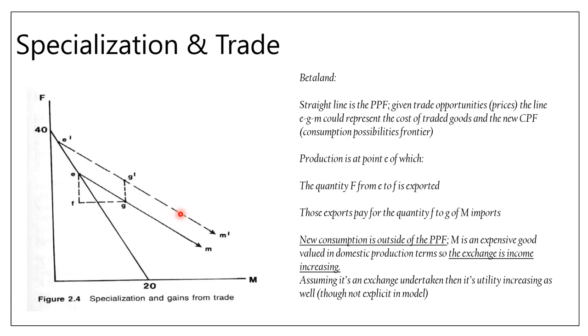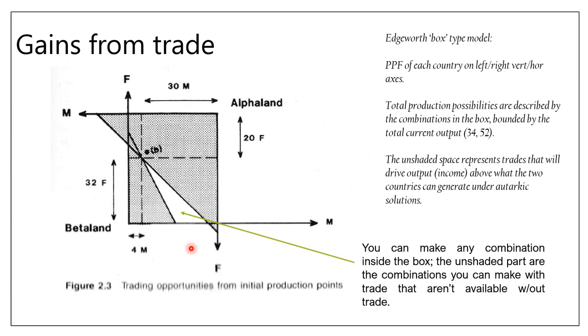Why do we call it the gains from trade? Well, let's pick apart the opportunities that exist. Okay, and so this EGM line right here sits out there in that gains from trade area in our previous box model.